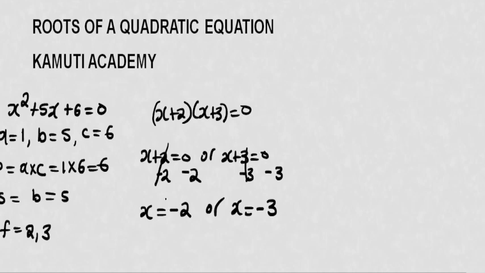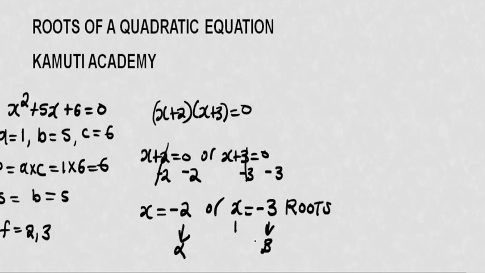These values we have found are called the roots of the equation. So we can name the first one alpha, and the second one we can give it beta.